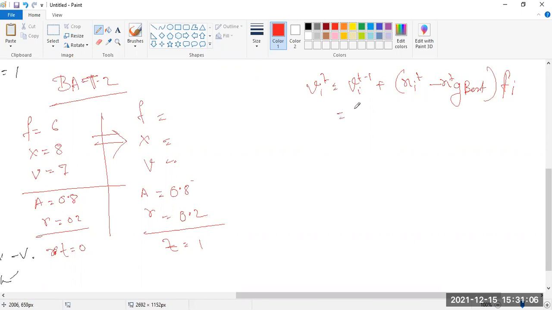So just putting this value, we are getting v t minus 1, this is 0. So vt, it will give you 7. So this is 7 plus xit is the x0. Just simply it will say the x0 position, because we don't know this position first. So we have put this 8, and this is the 0. Frequency i means 1. So this is giving you the 7.